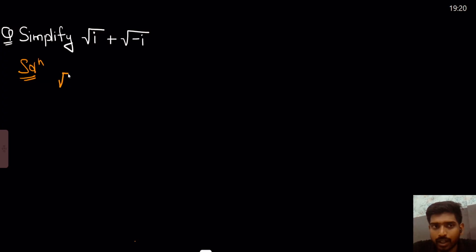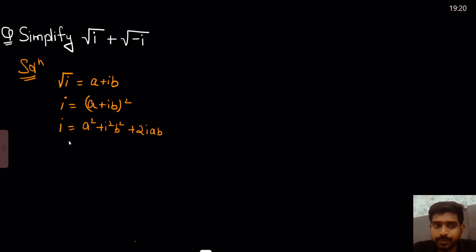So to find under root of iota, first I'll assume this as a plus ib. Next I'll square both sides. So I'll get i is equal to (a plus ib) whole square. Open this one: we'll get a square plus i square b square plus 2iab.